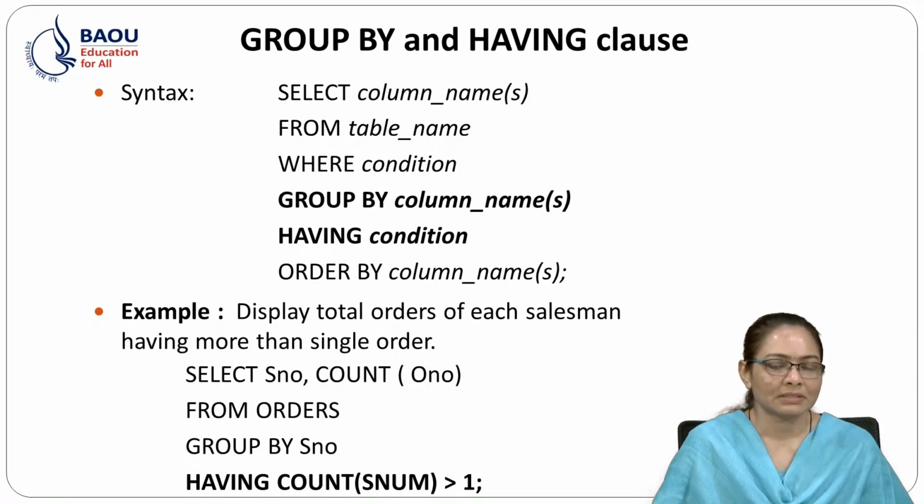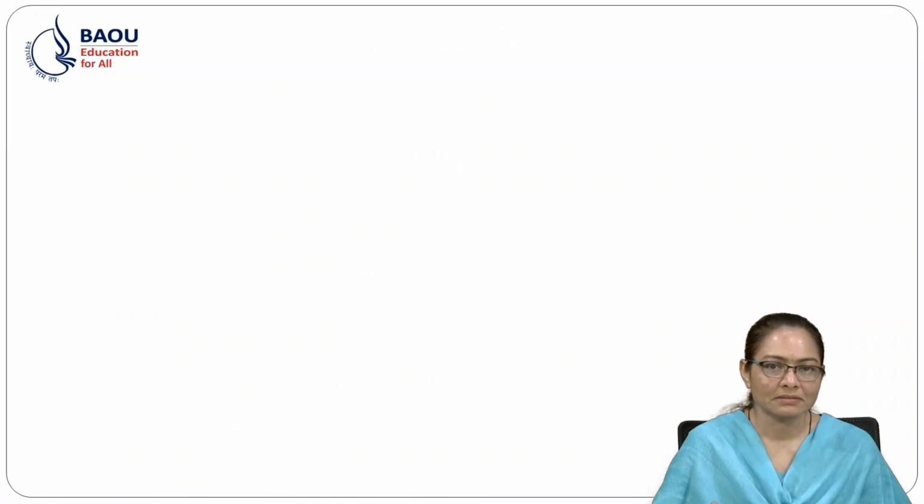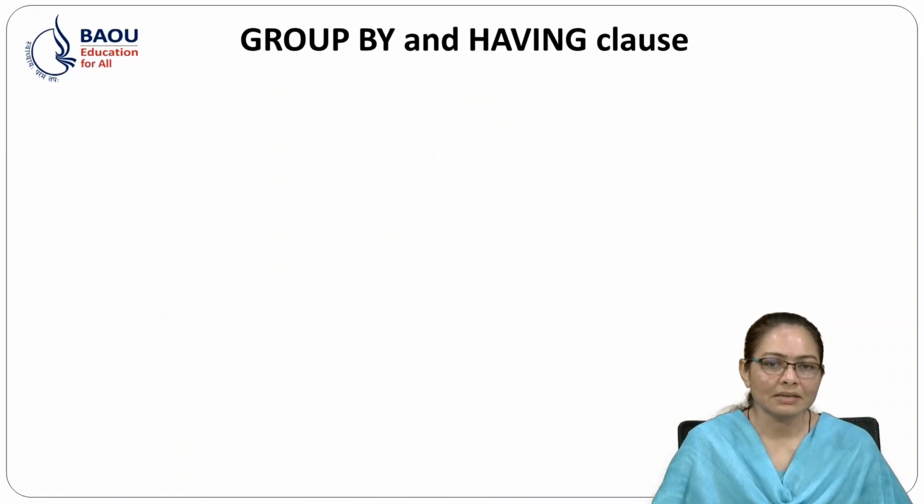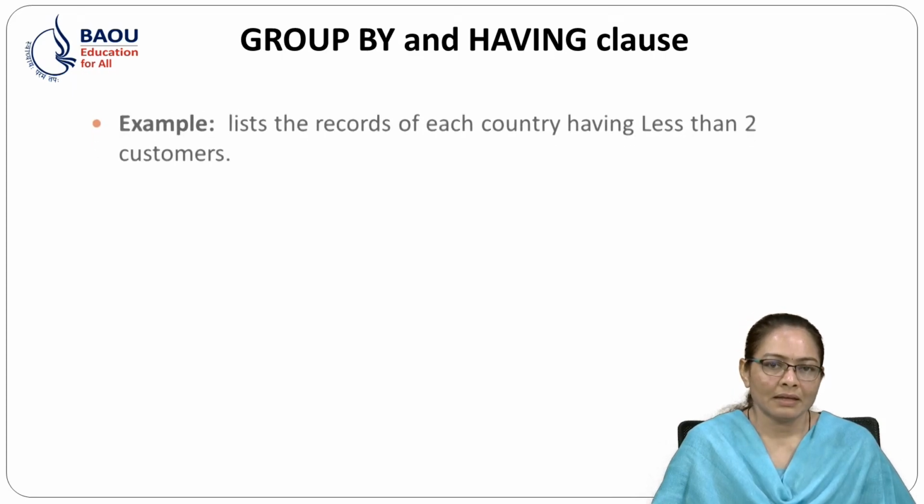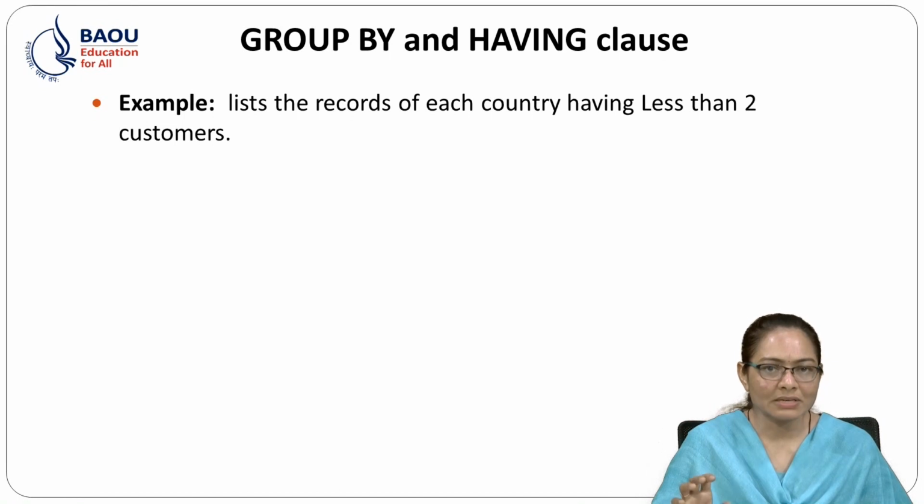Now the next one is another example of the group by clause with the having clause. Write the SQL statement: list the record of each country having fewer than 2 customers.